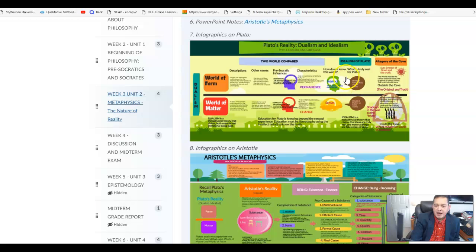If Plato was asked which among these two, the world of matter and the world of form, is the true reality, looking at their nature, their characteristics, how to know them, Plato's answer is the world of matter is only a replica or a duplicate or a reflection of the world of ideas. And ideas are the true world, the true reality, the original.